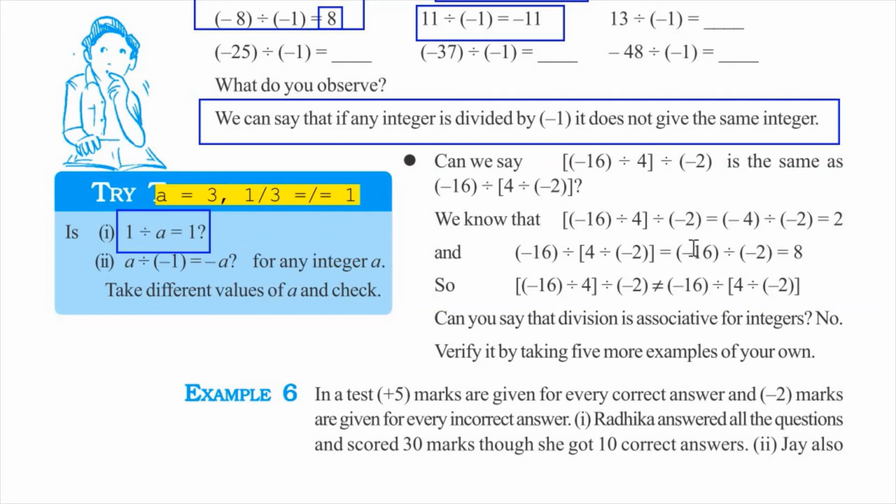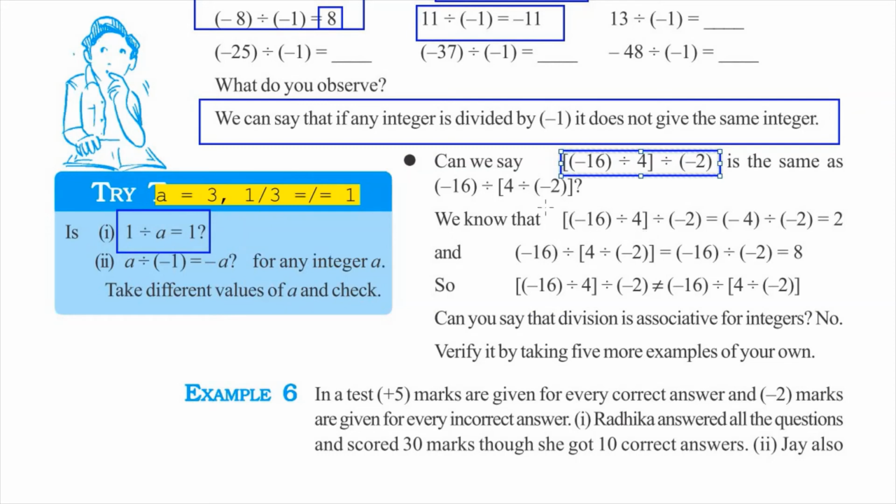Let us solve this one by one. We will solve the left hand side first. So we want to say if this is equal to this. So let us make this the left hand side.